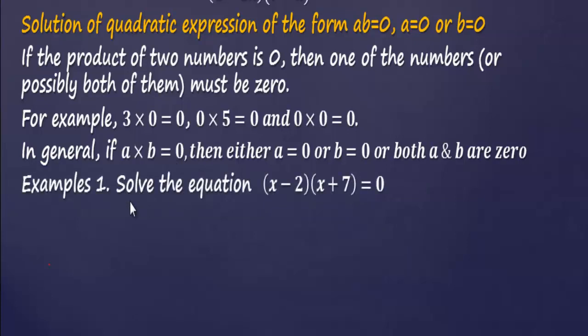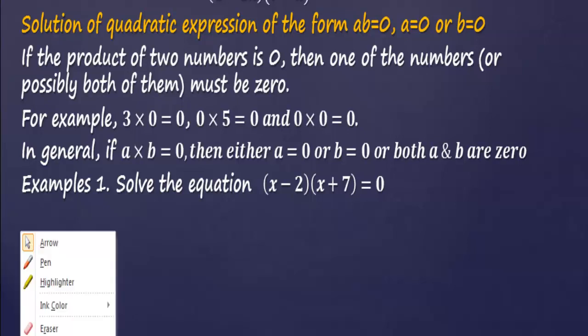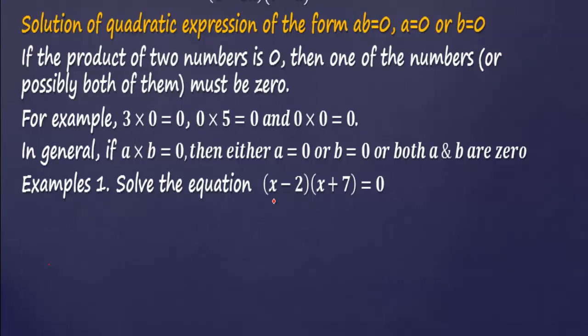Examples now. Example number 1, solve the equation completely. This is what we are talking about: open bracket x minus 2 close bracket, open bracket x plus 7 close bracket equals 0. It means that this one times this one equals 0.